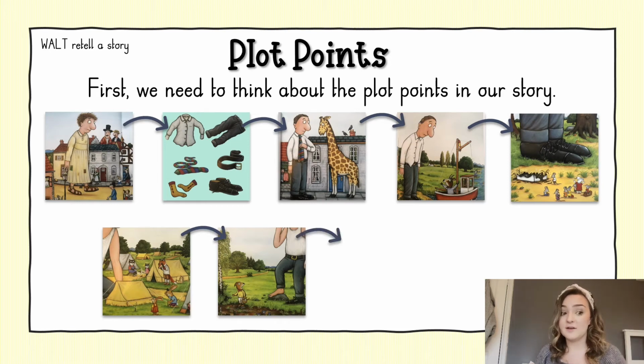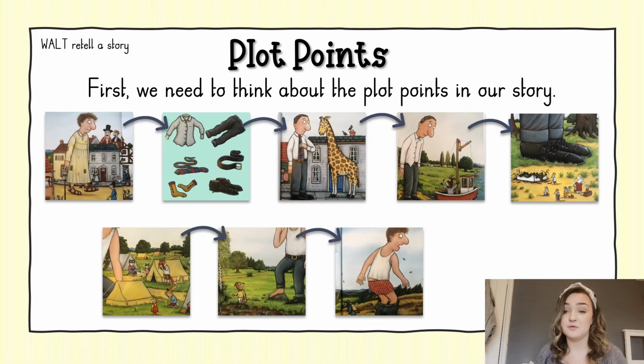Now our next plot point is where George's trousers fall down because a big gust of wind blew, didn't it? And he was hopping his way down the road, but because he's not got a belt, his trousers fell down. Oh no. Okay, so that's our next plot point. So you can think about a sentence you might want to write for that plot point.